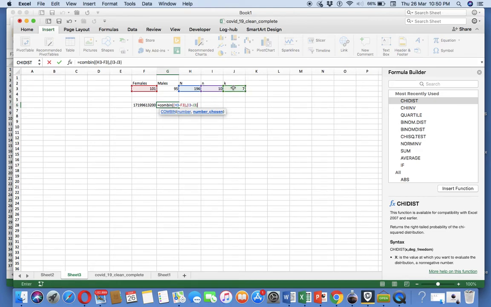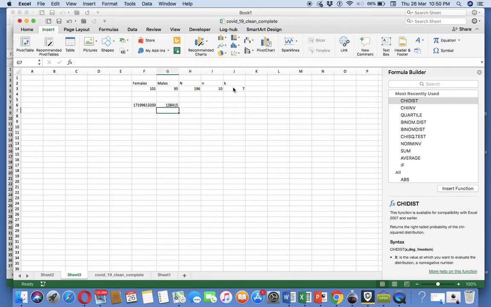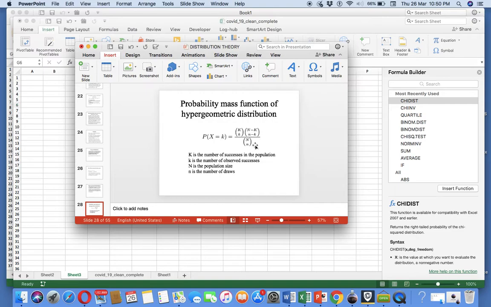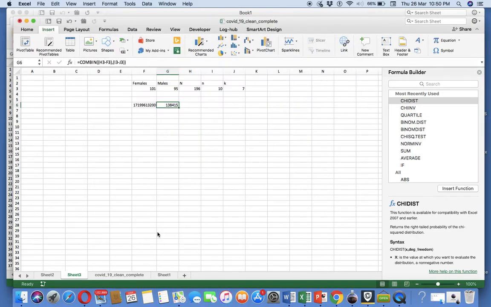This is the second part of my combination. And the third part of my combination is NCN, which I'll do here as equal to COMBIN, NC small n.